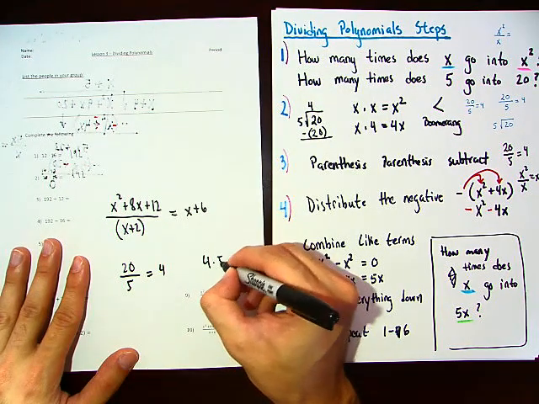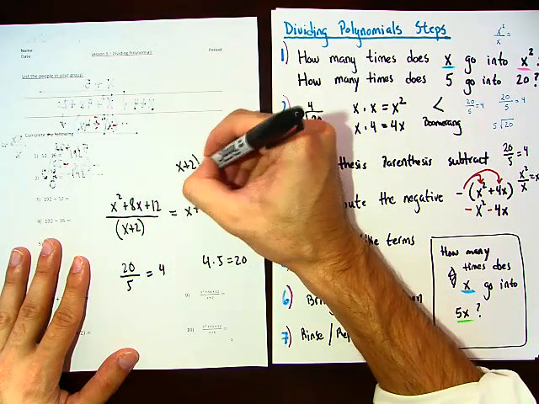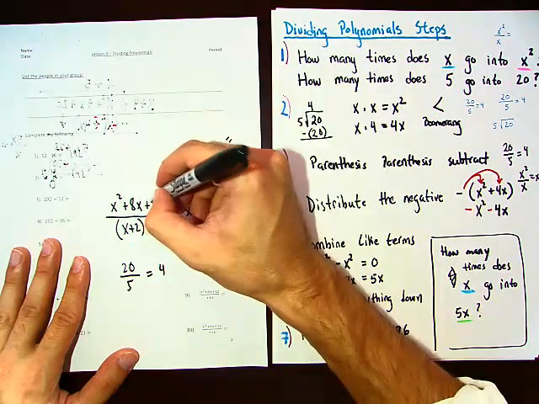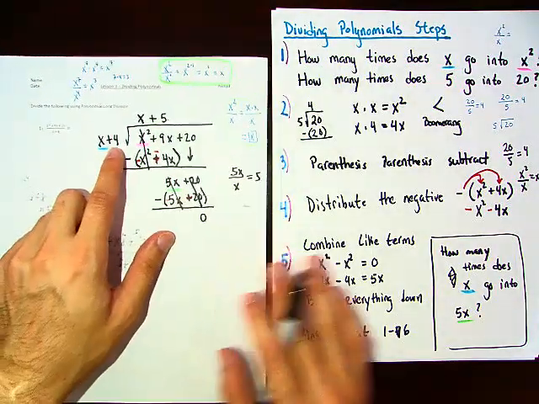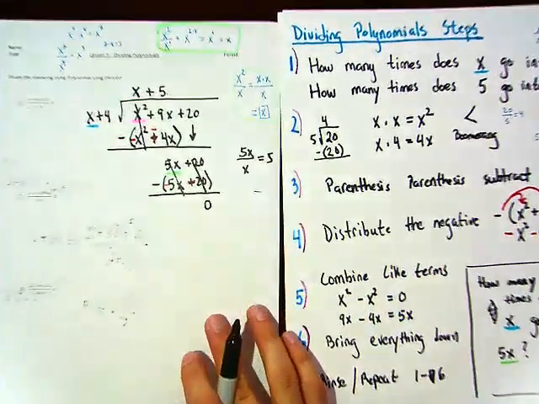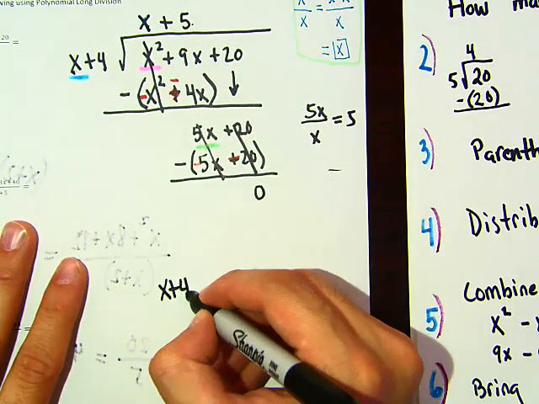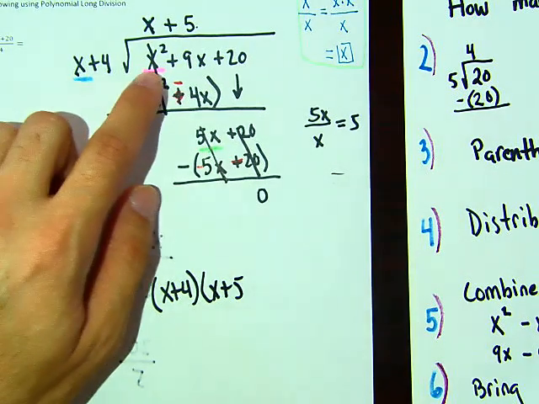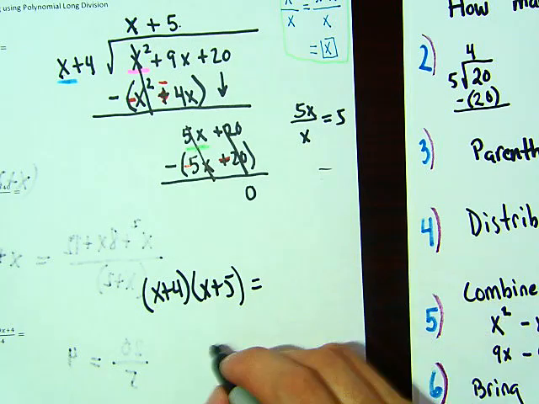That 4 times 5 is 20. And what was true over here? That x plus 2 times x plus 6, it equaled what? It equaled this x squared plus 8x plus 12. So what has to be true over here for this problem? That if I have x plus 4 times this x plus 5, it has to give me this original x squared plus 9x plus 20, and that, let's see if it works.